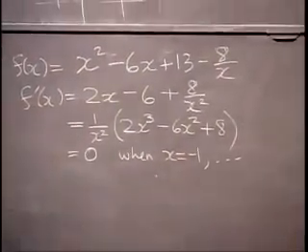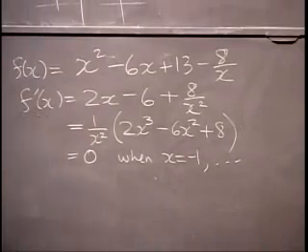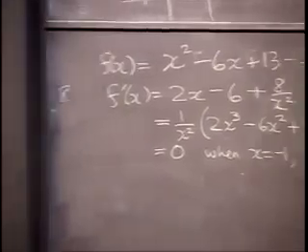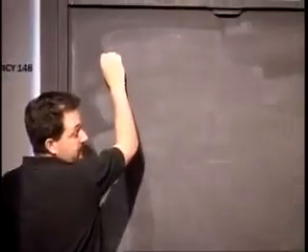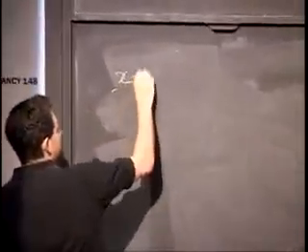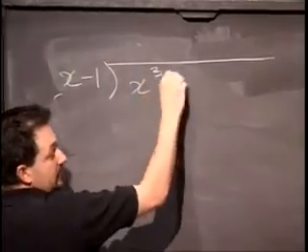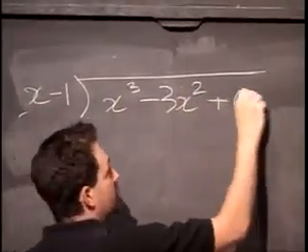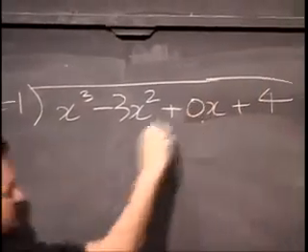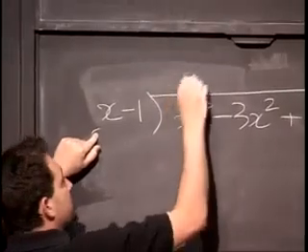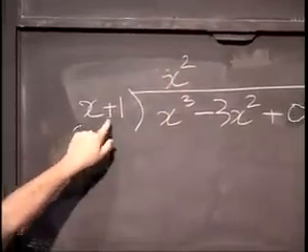Well, I'm afraid we just have to do a long division. I'll have to do that over here. I'm sort of running out of time, but I really want to finish this example. I'm going to take out a factor of 2, actually. So we want x minus 1 as a factor of x cubed minus 3x squared plus 0x plus 4. Notice when I divide, I fill in the 0x, and I've also pulled out a factor of 2 to make it a little bit simpler. And I know x plus 1 is a factor, not x minus 1.